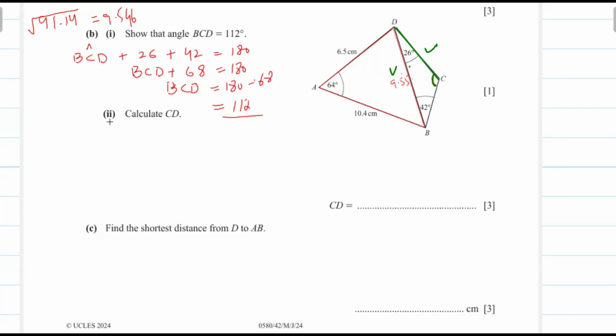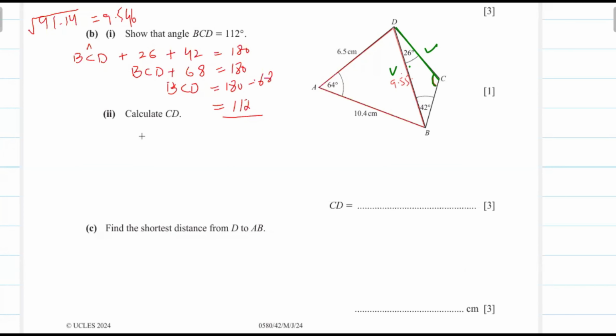Question B, part second, length CD. This is the length CD we have to calculate. Look here, we have three angles given and one side also given. Therefore, we can calculate this length CD by using the sine rule.